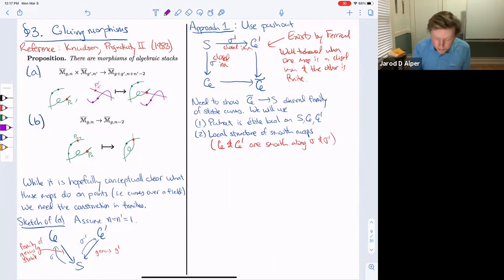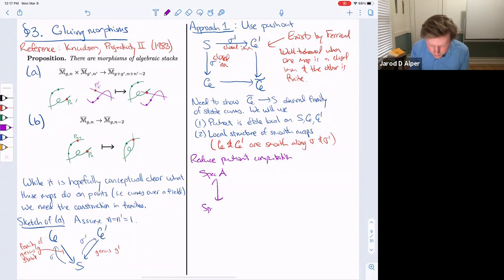So that reduces the push out computation, using the local structure of smooth maps, to the case where you're gluing in the 0 section.